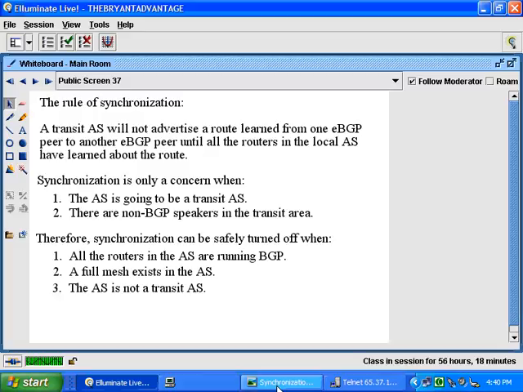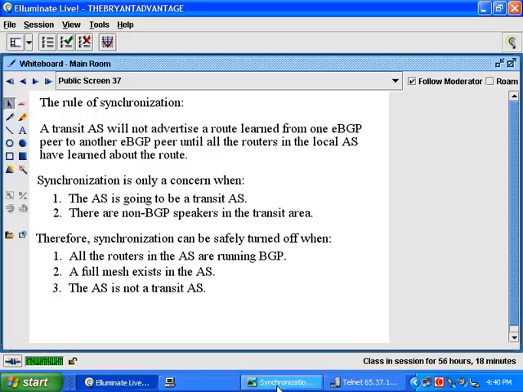But if we look at those two rules, then that means that there are a lot of circumstances under which synchronization can be turned off. And synchronization can be turned off in any one of these three circumstances. The first one being all the routers in the AS are running BGP to begin with. If every router in an autonomous system is running BGP, synchronization is not a problem and it can be turned off.